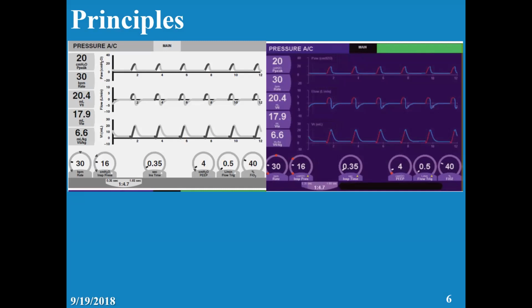So you can see here that we have 3 types of graphics, and this is the standard on the screen. At the top we see the pressure, in the middle we see the flow, and on the lower one we see the volume.